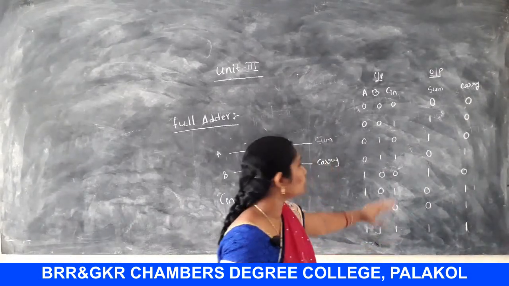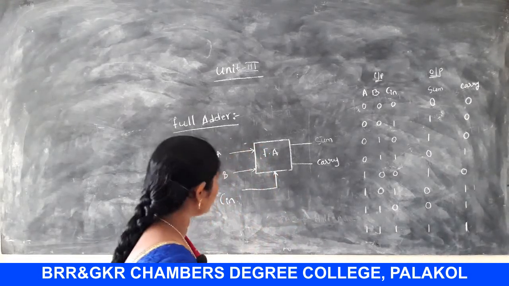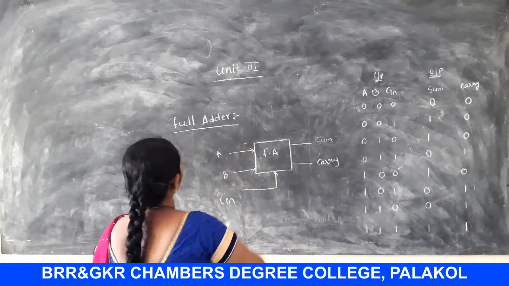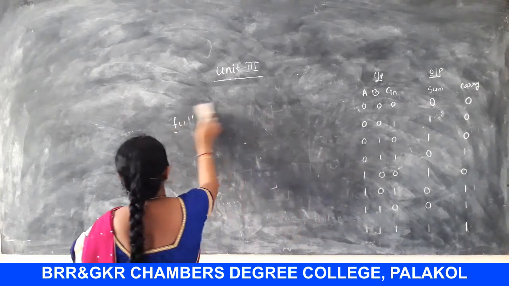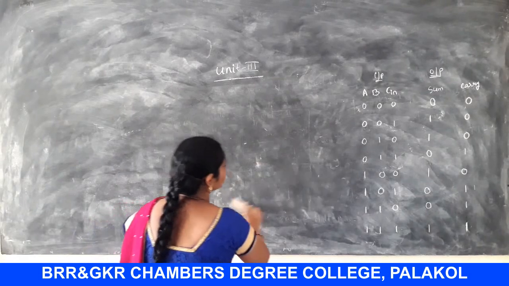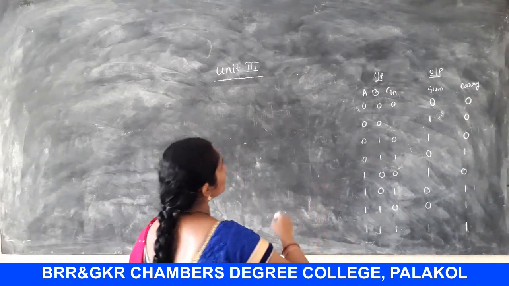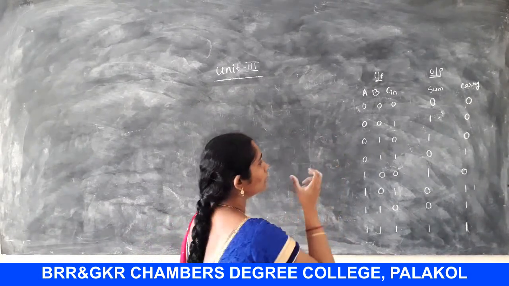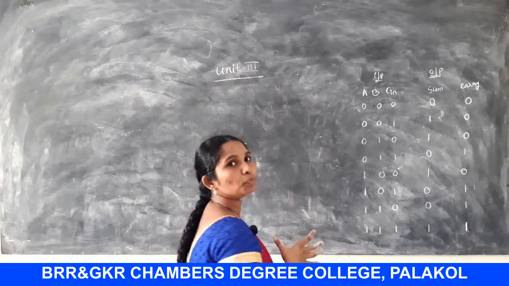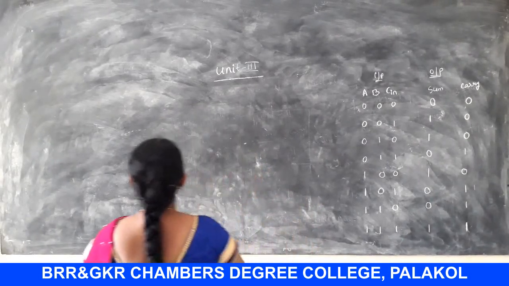Now by using this truth table we have to implement the logic equations. The first thing, this is 3 variables, 3 inputs. We are taking 3 inputs, therefore the map is a 3 variable K map.